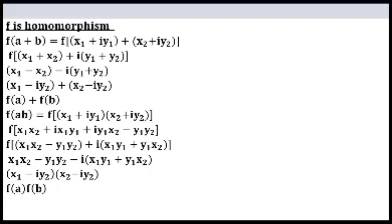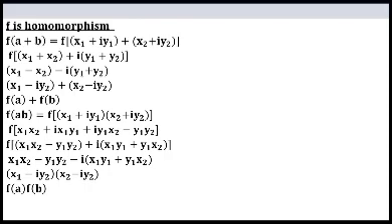Next, we consider f of ab. f of ab is equal to f of x1 plus i y1 into x2 plus i y2. That is x1 x2 minus y1 y2 plus i into x1 y2 plus y1 x2. That is f of x1 x2 minus y1 y2 plus i into x1 y2 plus y1 x2.